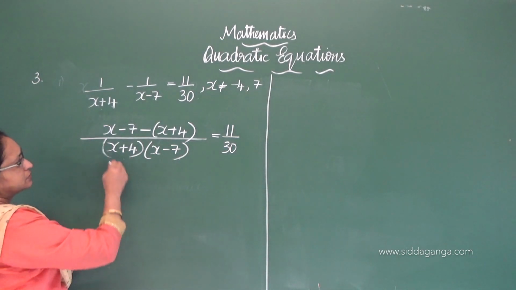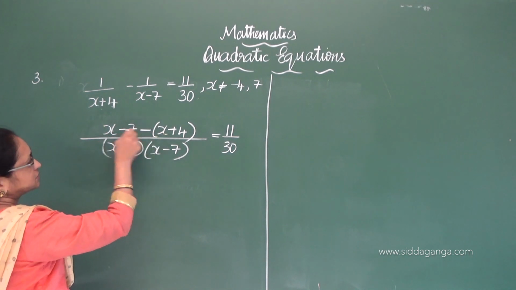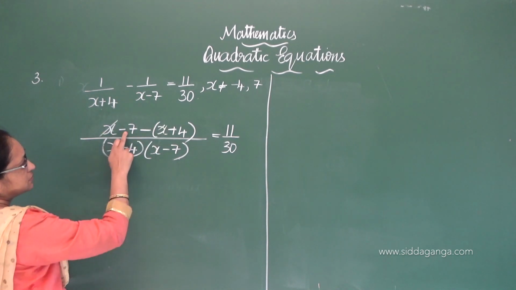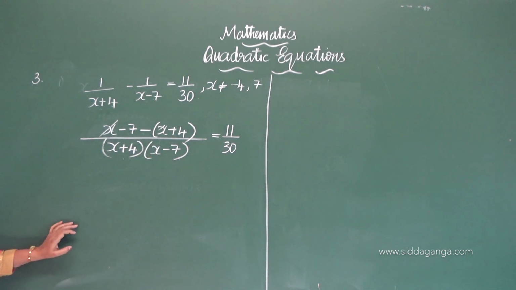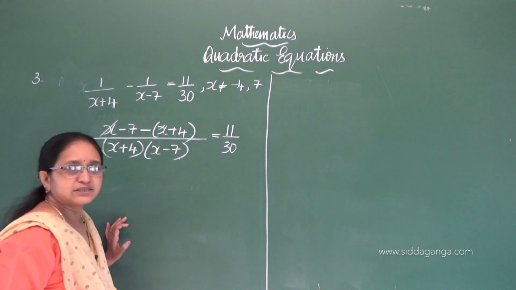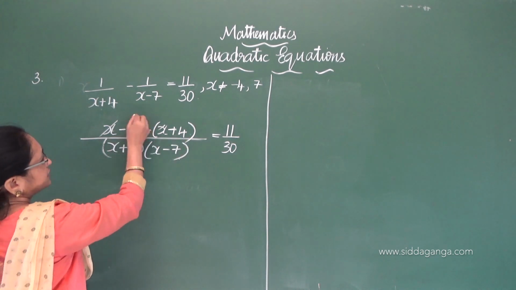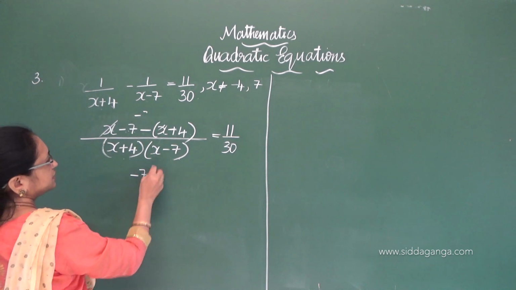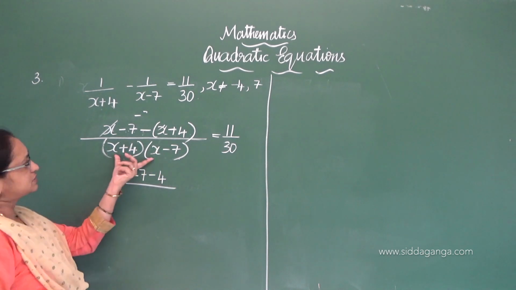Okay, now, so just see, you can simplify, this is x and minus x. So x and minus x gets cancelled, minus 7 plus into minus, so it will become minus 13. Here minus 7 plus 4, it is minus 7, here minus 7, I will write here minus 7, and here plus into minus is minus 4, divided by, here what you have to do is multiply.